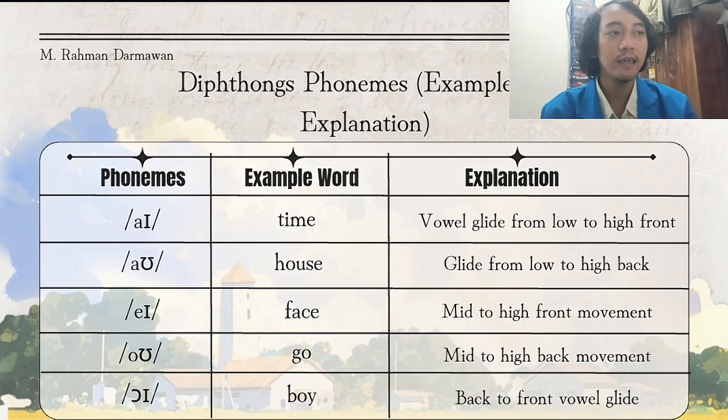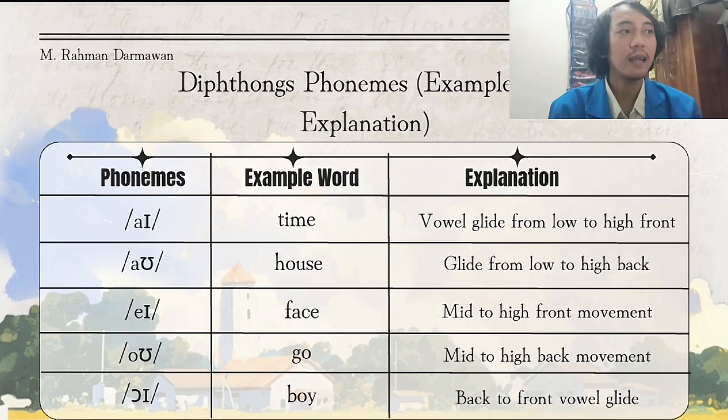For ei, the example word is face, a mid to high front movement. For ou, the example word is go, a mid to high back movement. And for the phoneme oi, the example word is boy, a back to front vowel glide.